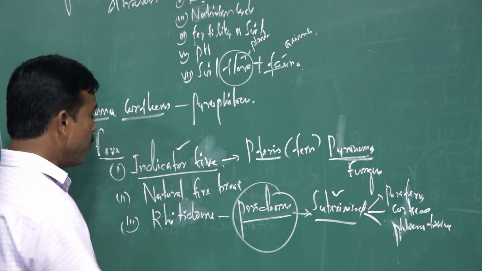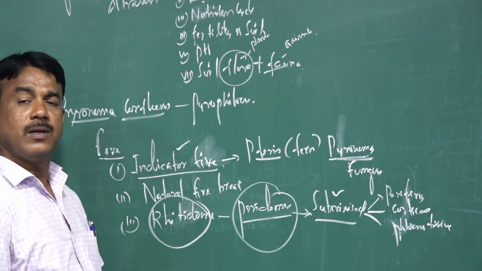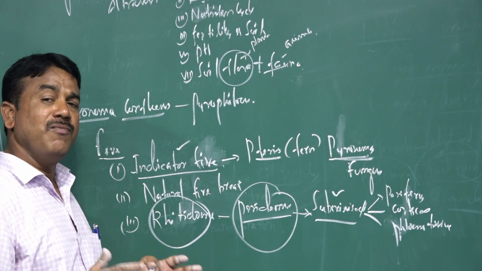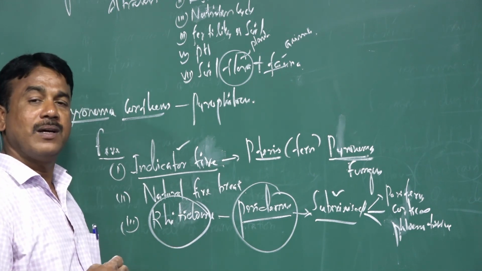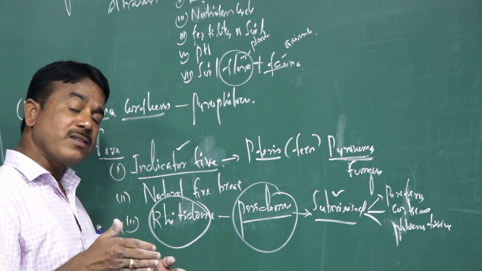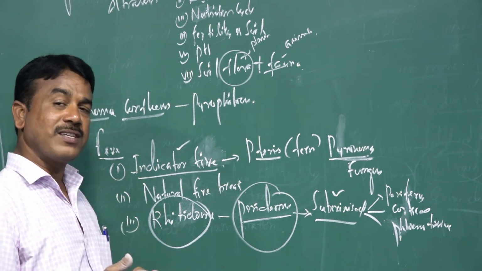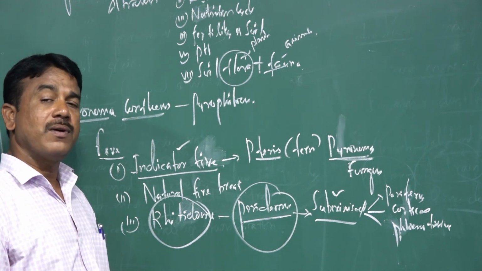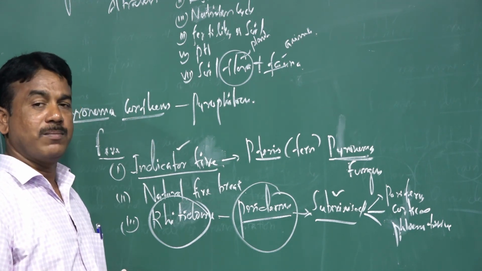So what are the main functions of the rhytidome? The rhytidome protects the plant or stem from fire, excessive water loss, invasion of insects, and infections by microorganisms. What is invasion? Entry of insects.